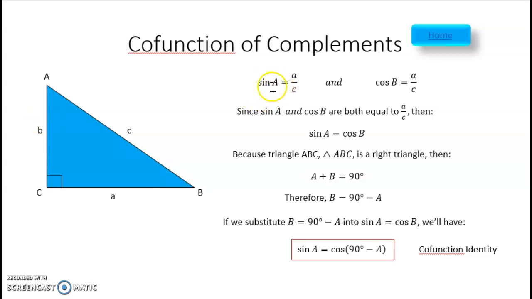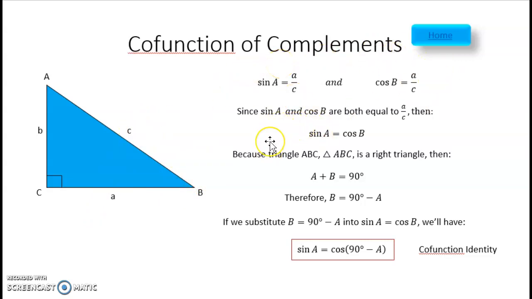So if we look at sine of A, I'm looking at this angle, and sine is opposite, so A over hypotenuse C. Cosine of B, so I'm looking at this angle B, that is adjacent, A over hypotenuse C. They're the same thing, okay?